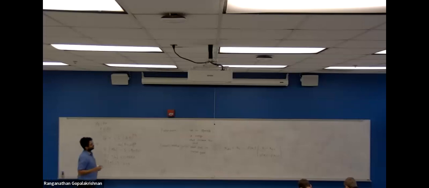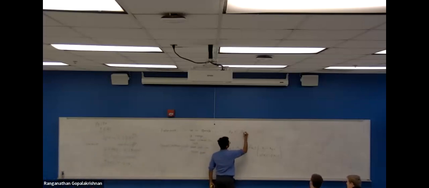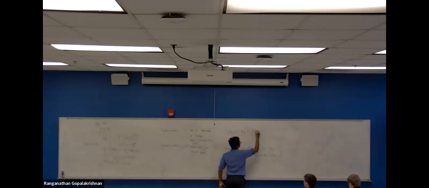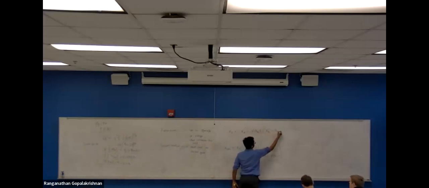And then false point method. So false point method, x r equal to x u, x upper, minus f of x upper, multiplied by x lower minus x upper divided by f of x lower minus f of x upper.